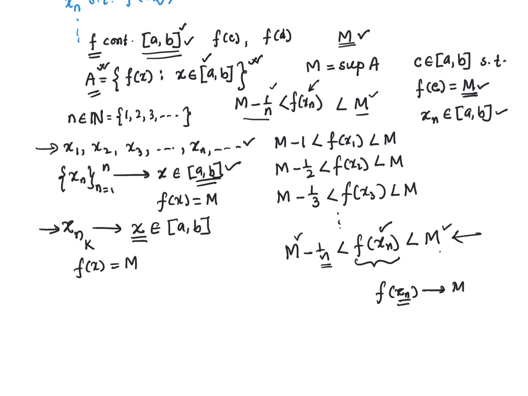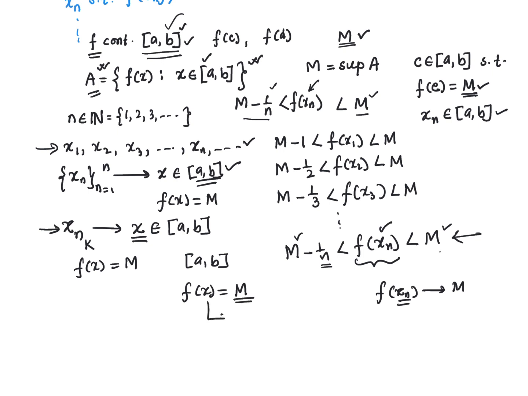Therefore, we just showed that for a continuous function on a closed interval, a maximum value takes place within the interval. So that means on the closed interval [a, b], we found a point x such that f of x is equal to M, the supremum.